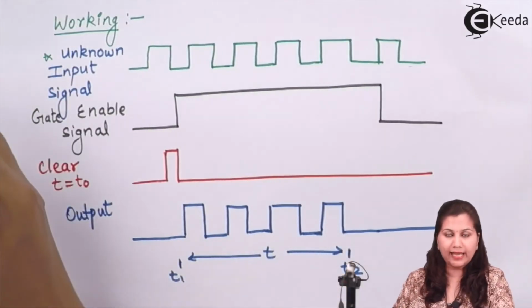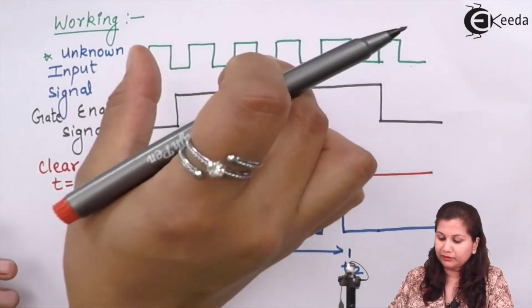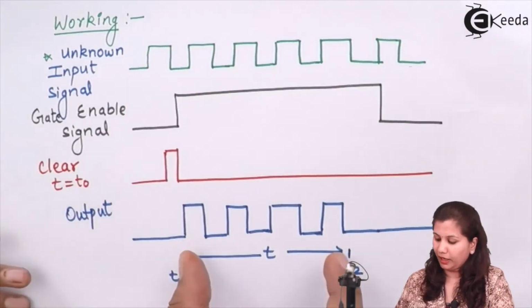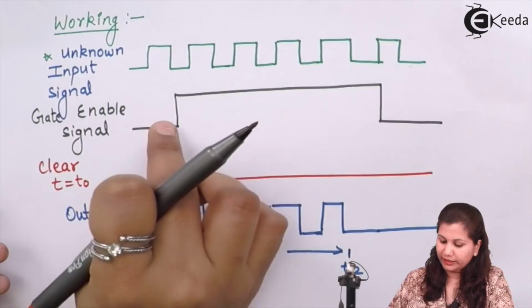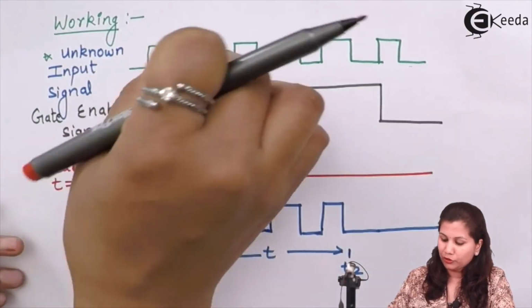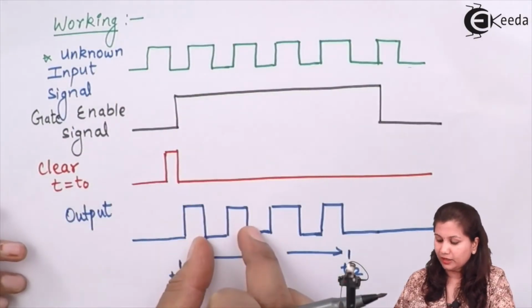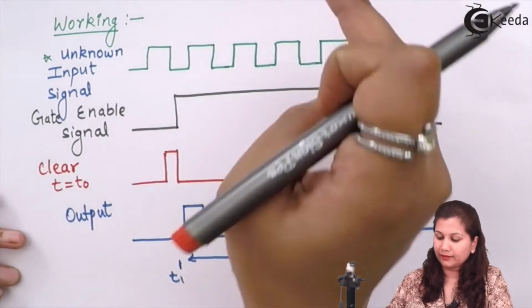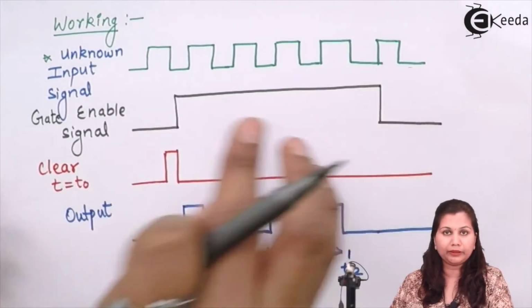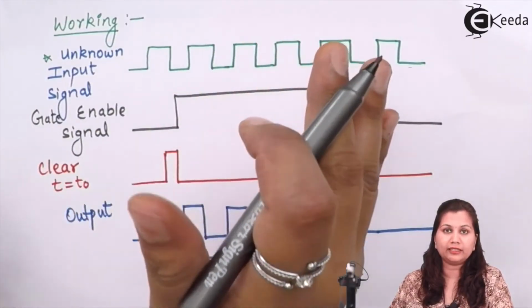Now when this gate enable signal is high, it means the AND gate is active, so whatever the input is, that will be the output of the AND gate. At T1 the gate enable signal is high, so the input signal is the output till time T2, where the gate signal is high.